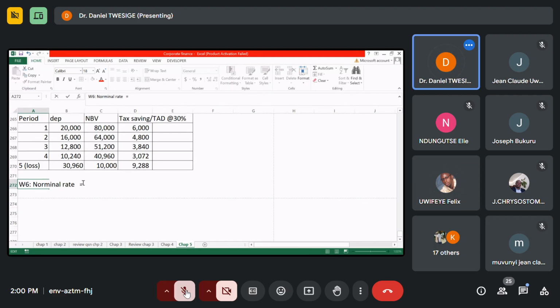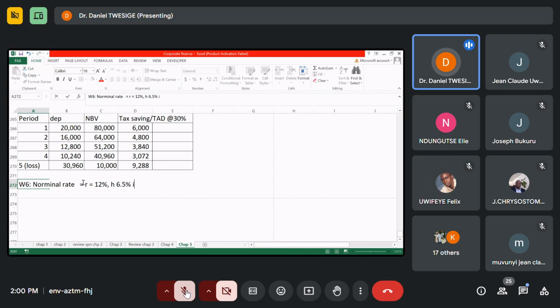which is we have our real rate R, 12%. We have our general inflation H, which is 6.5%.